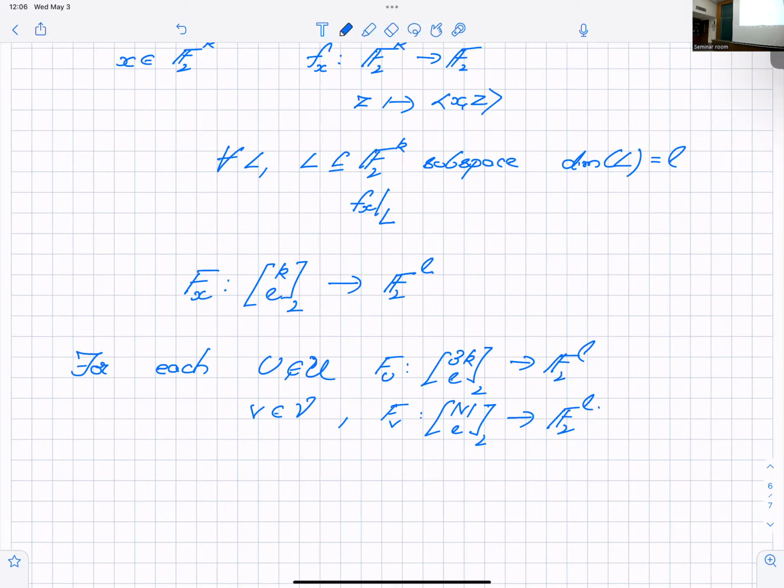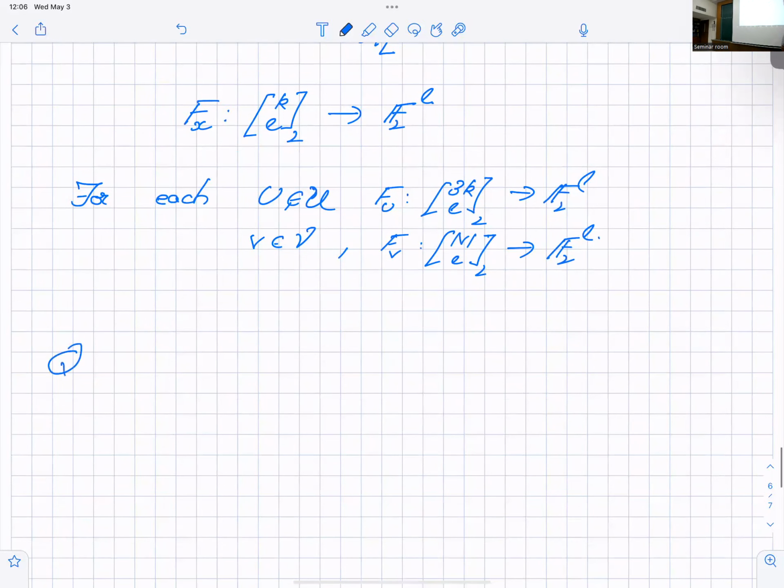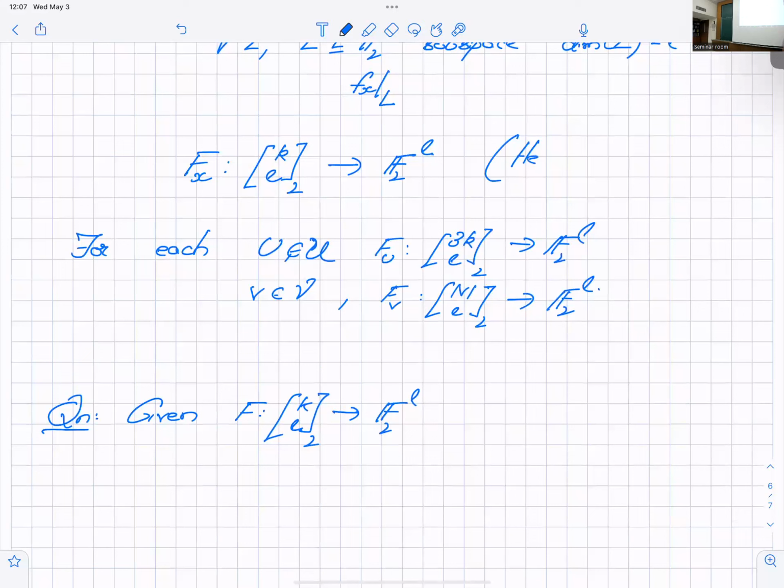But forget about the test between them. Let's first ask an even more preliminary question. Given f from (k choose L)_2 to F_2^L, where (k choose L)_2 refers to all L-dimensional subspaces of F_2^k.